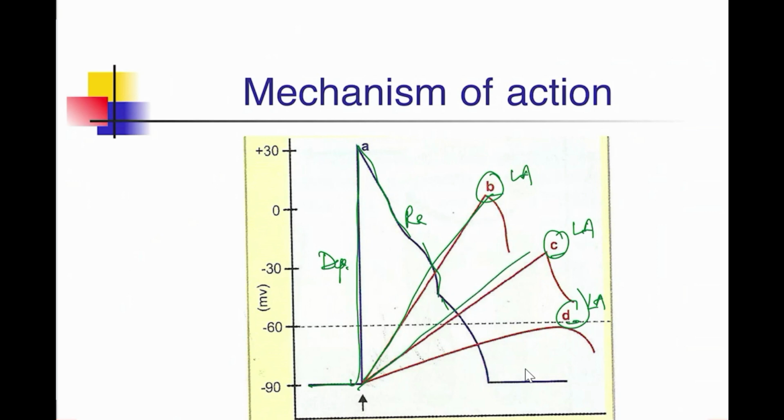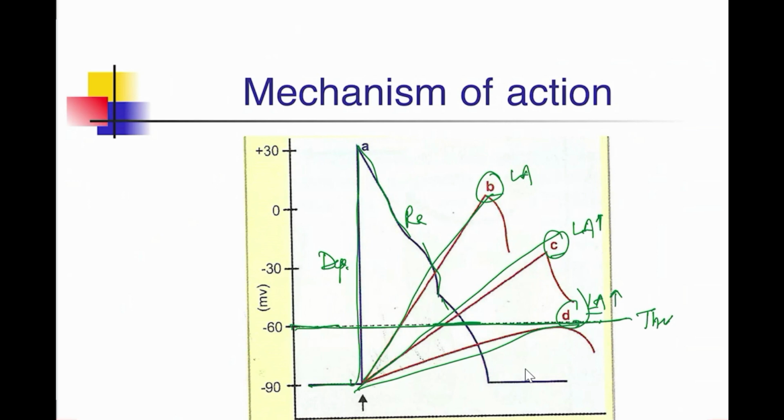Even at a higher concentration, it is not crossing the threshold. So as you increase the concentration of the local anesthetic, it does not even cross the threshold voltage. So there is no depolarization and no transmission of pain.